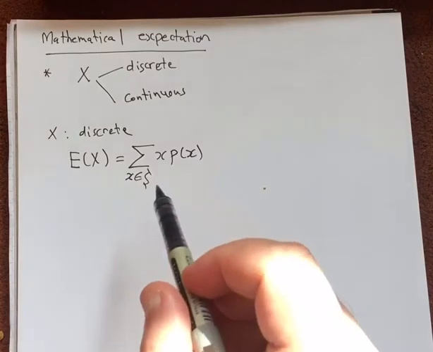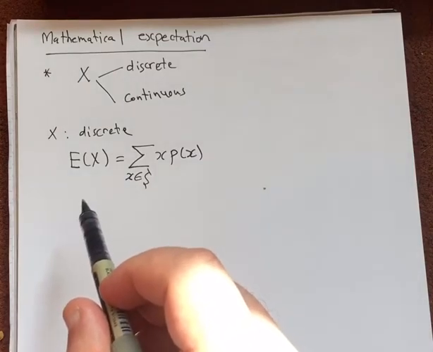So this is the definition of the expectation of random variable X.